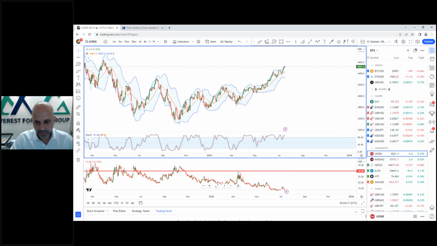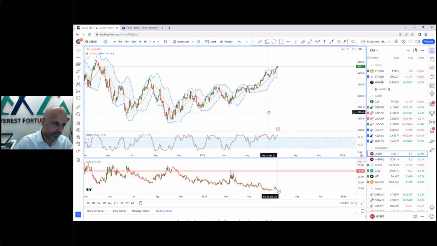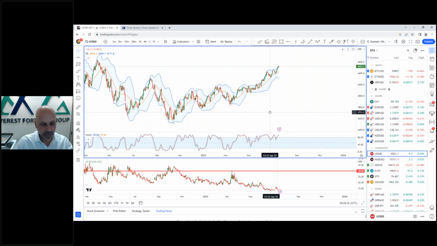Generally when VIX is low, we don't know how low it can go, right? I've not used a low level of VIX to see how high price can go.